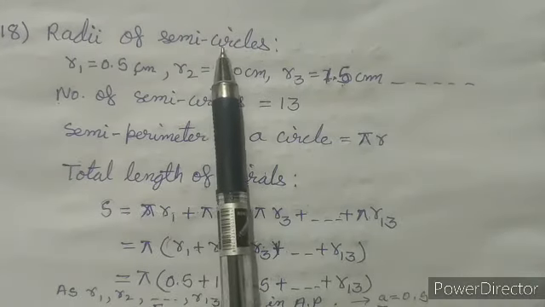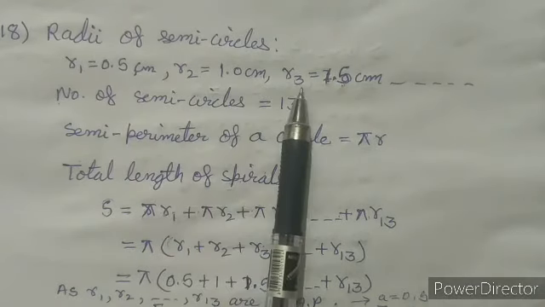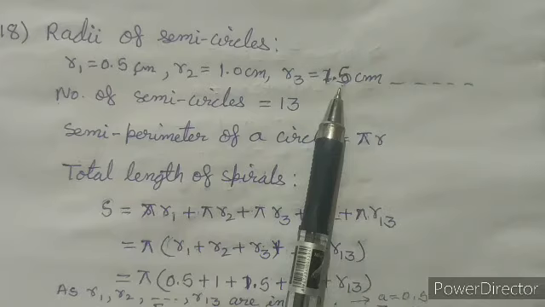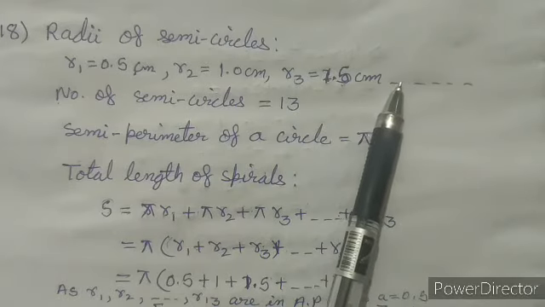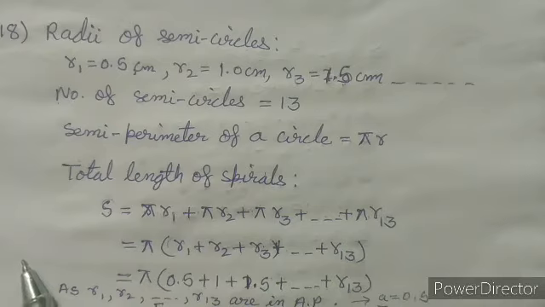Here, radii of semicircles are given to us. R1 is 0.5 cm, R2 is 1 cm, R3 is 1.5 cm, and so on up to 13 semicircles. Now we have to find out the total length of the spiral.